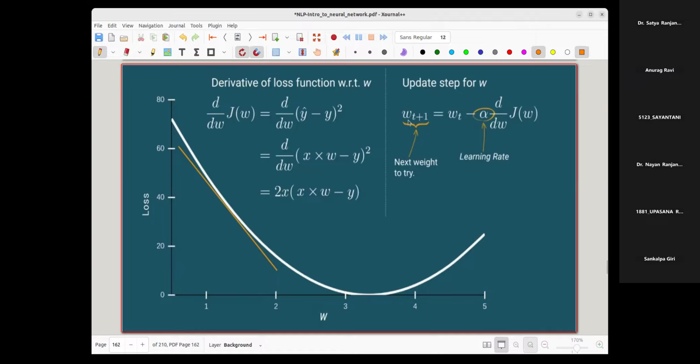From old W we are getting new W, and that updation is controlled by this learning rate. If your learning rate is bigger, updation will be much faster. If the learning rate is smaller, updation will be much slower. So I put this alpha into the derivative, which is 2x into (x into W minus y).